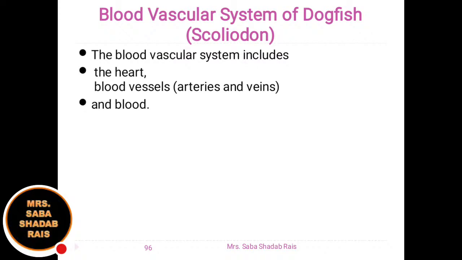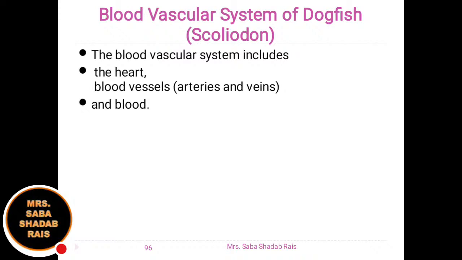Let us start the topic without wasting much time. So today we all are going to learn the circulatory system of the shark. Now see, when I say circulation in the shark or any animal, the circulatory system includes heart, blood vessels, meaning arteries and veins, and the blood.